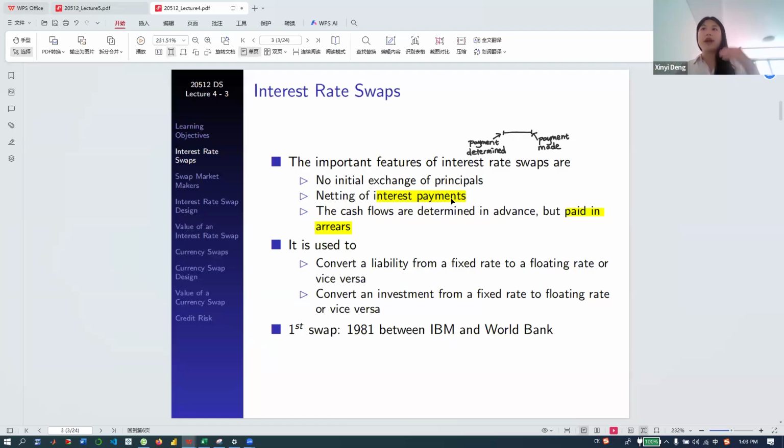And if your interest payment is higher and the other party's interest payment is lower, then you have to pay that difference to the other party. So that's how netting works.